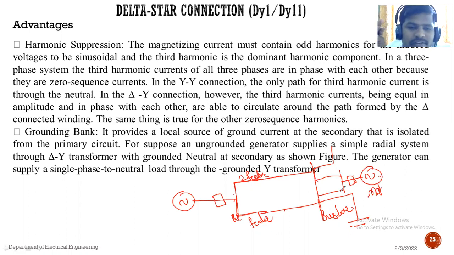Then also the generator will supply a single phase to neutral load through the grounded star transformer. जो star side चा transformer ground केलेला आहे, so that it will provide phase to neutral connection, that means single phase connection also. Okay, so these are some of the advantages of this type of connection, that is delta star connection.